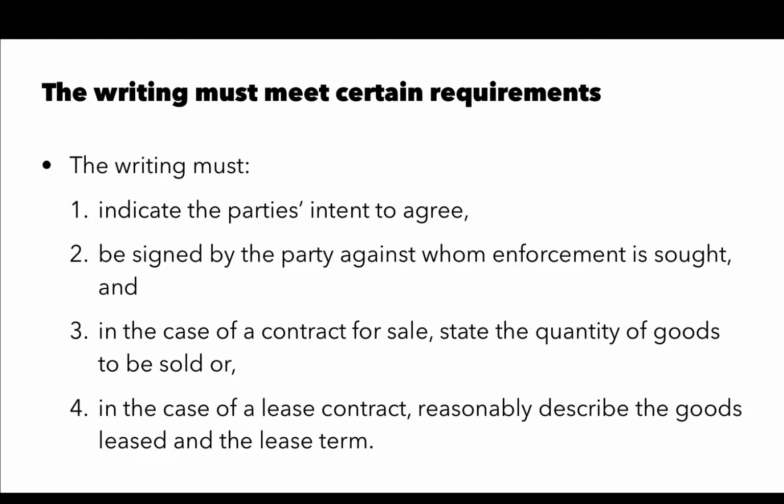It requires a writing for any sale of goods over $500, and the writing must contain a definite intent to agree. It must be signed by the party against whom enforcement is sought. It must state the quantity of goods, and if it's a lease contract, it has to describe the goods and state the lease term.